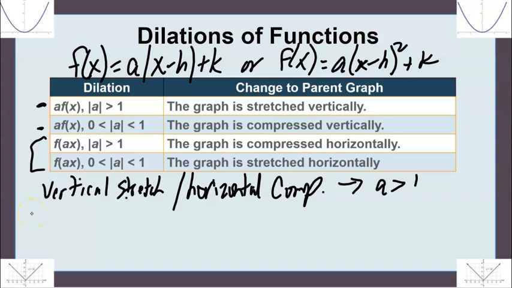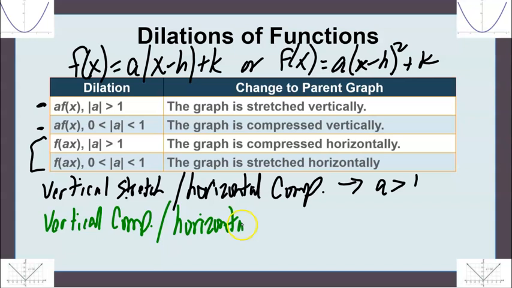Now, if the a is on the inside, or if a is less than 1 but greater than 0, that would be a vertical compression, or it could be a horizontal stretch.